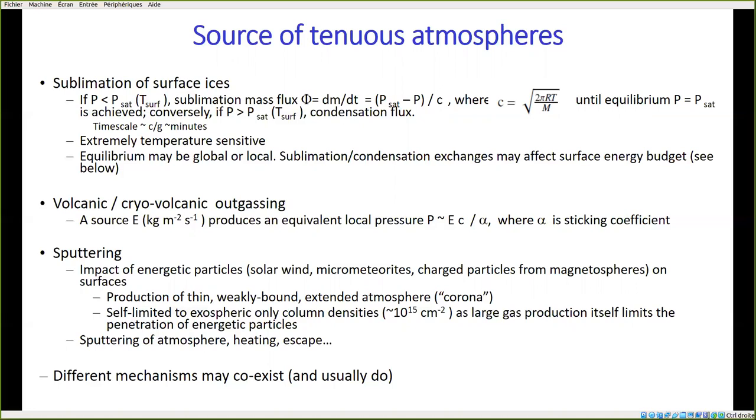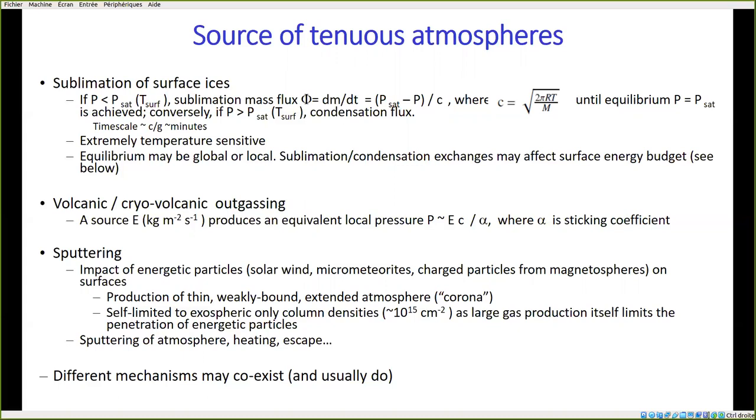So this process produces a rarefied, weakly bound extended atmosphere, which is called a corona. But the process, importantly, is a self-limited one, because as we saw, exospheres become relatively quickly opaque to sputtering. So if you have a large gas production by sputtering, it will further inhibit the penetration of additional energetic particles.